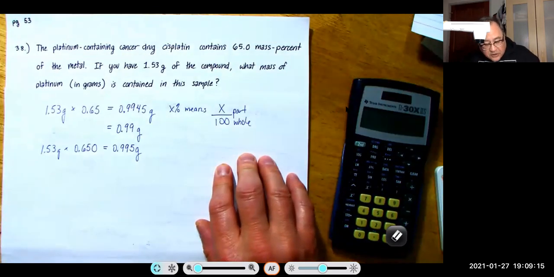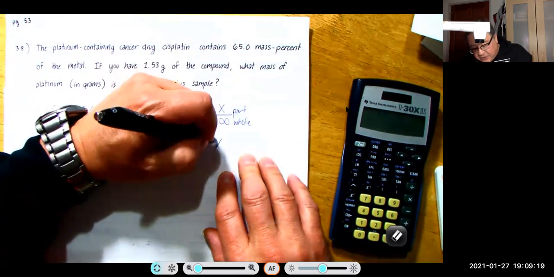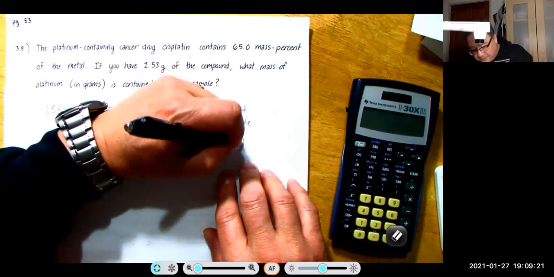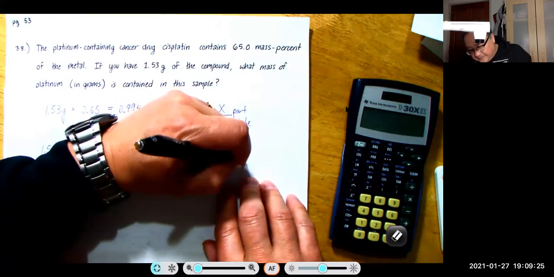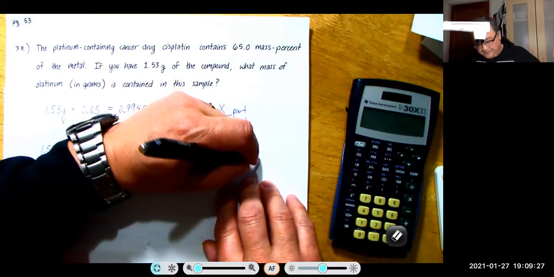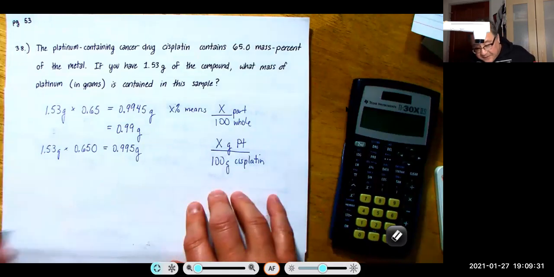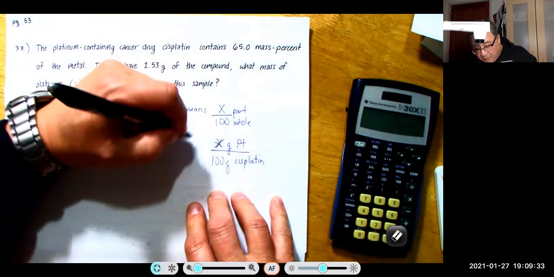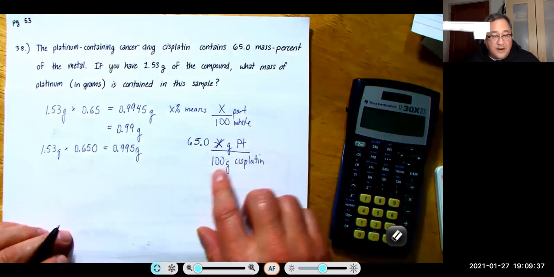So in this particular problem, we're talking about X grams of platinum over 100 grams of cisplatin. Okay? And specifically, it's 65.0 grams of platinum over 100 grams of cisplatin.